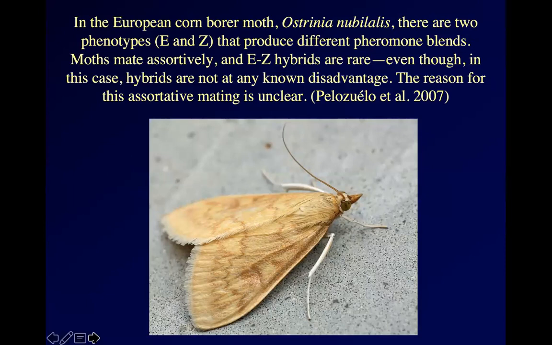We don't really know why, but these moths mate assortatively. If I said it was dissortative, I made an error. So type E mates with type E, type Z mates with type Z. Hybrids are rare, even though in this case, hybrids don't seem to be at a disadvantage.